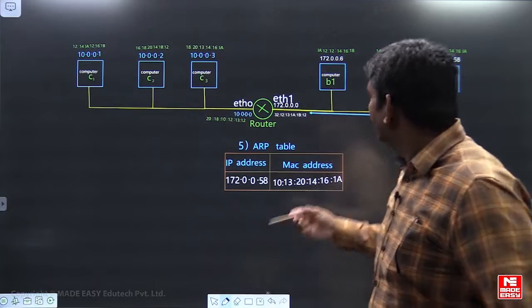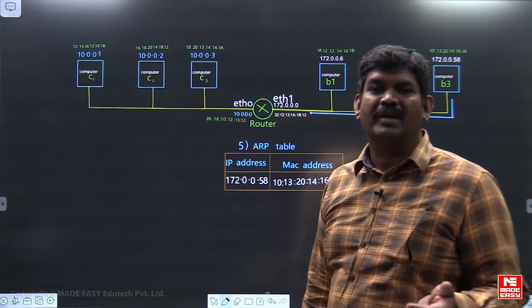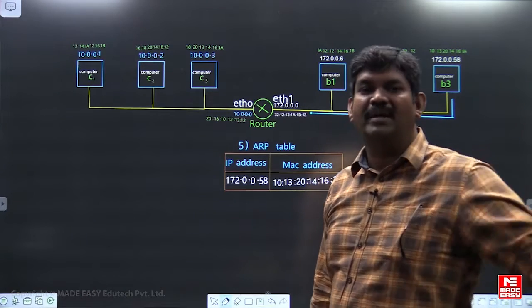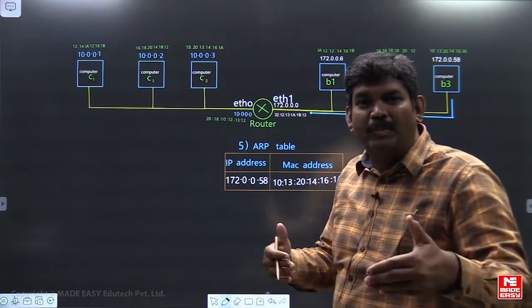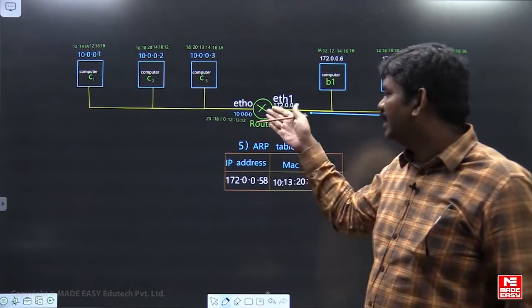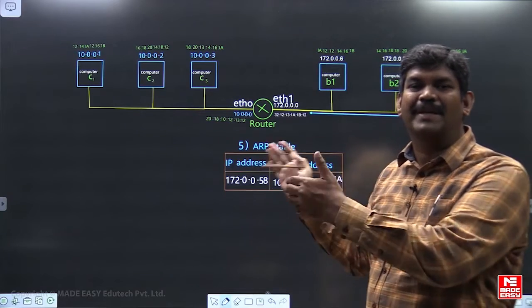Not only that, the remaining computers also you are going to get by the same procedure. So now you understand, if you want to know the MAC address of any computer which is on the other network, this is the procedure. Initially the router's ARP table is empty, but now it is known information, because for future references the replies will be faster.